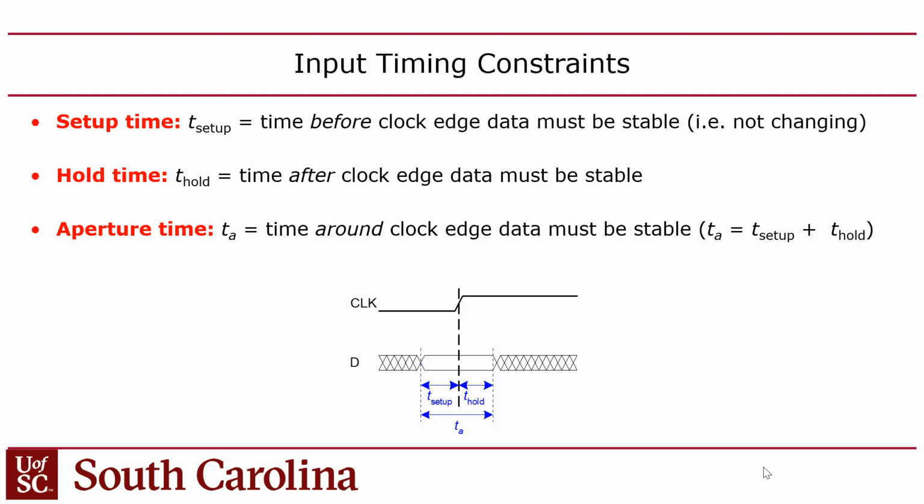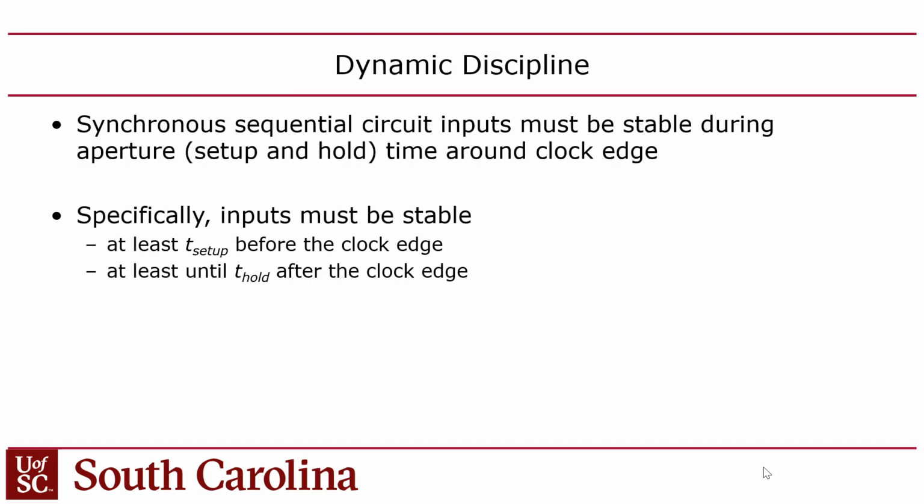As long as you make sure that your input is stable within the aperture time, then metastability won't happen. If it does happen, it causes a problem. It's not catastrophic, but it's a problem. Okay.